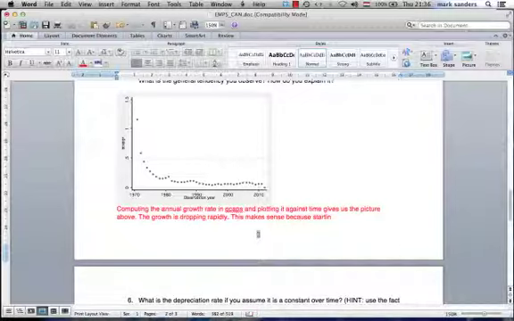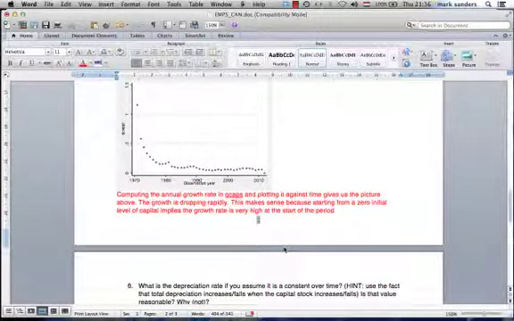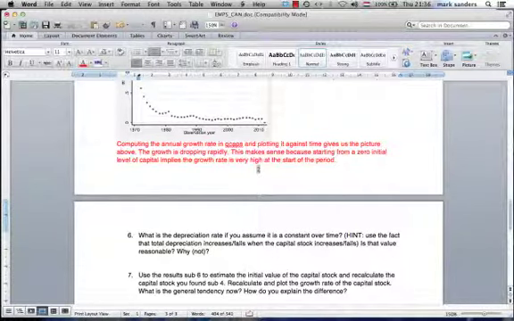Because starting from a 0 initial level of capital implies the growth rate is very high at the start of the period. If you start from 0, the growth rate is going to be infinite. Okay, so that answers 5.